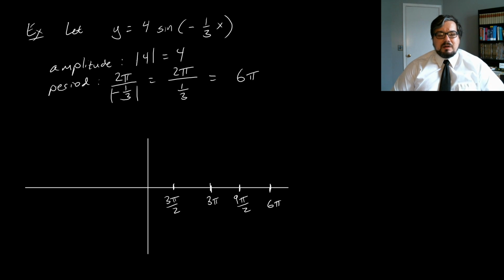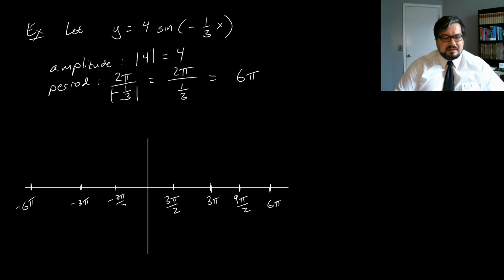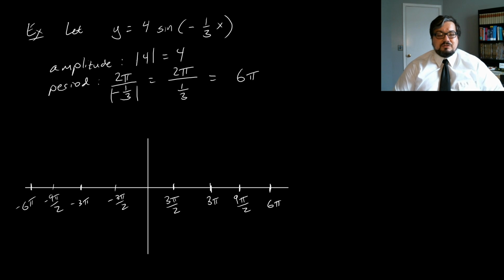But now here's where we have to be a little bit careful with the negatives. And in fact, this would be a good place, again, to keep track of what's going on the left side of the graph as well. So we want to just copy things over from the left to the right.